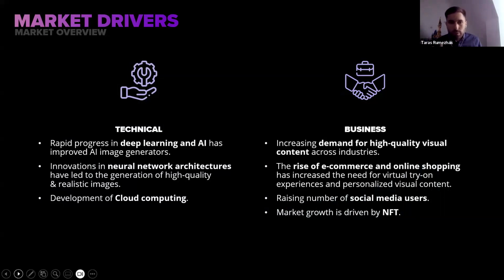There are two categories of market drivers. The first one is technical, like rapid progress. As I mentioned, every day there are a lot of new articles published, something new. You don't have time to read all of it. From China, from US, a lot of it. There are a lot of innovations, and with the development of cloud computing, and just check NVIDIA's share prices.